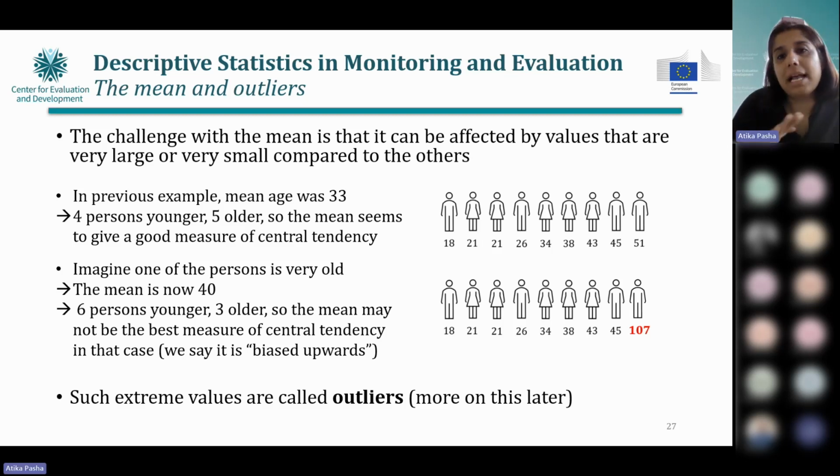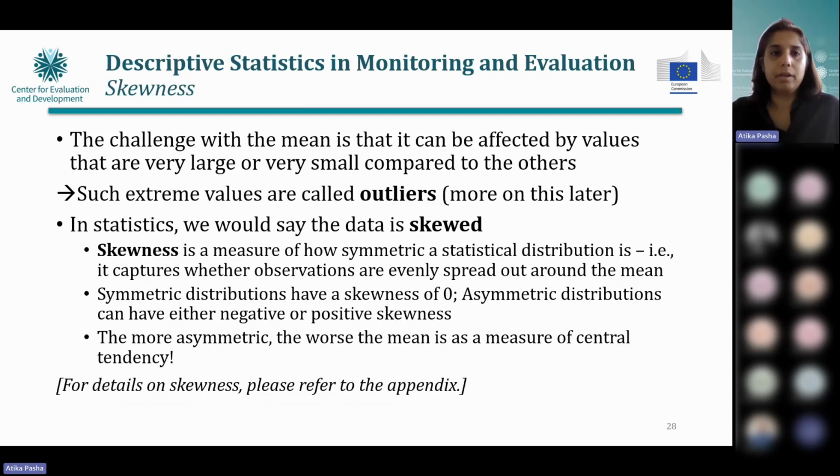So our mean has been moved upwards, or is biased upwards, due to the presence of one outlier, and therefore it's not very central and is problematic in terms of giving, let's say, a correct value for your overall sample, just because of one outlying value of 107. And therefore, these extreme values are called outliers. And we will talk briefly about this also later.